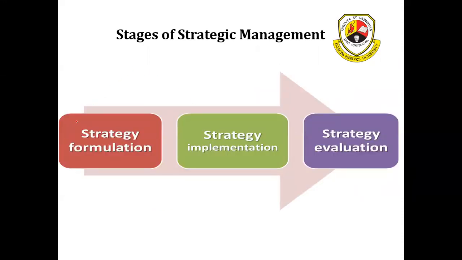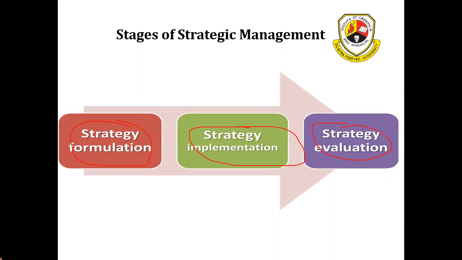So basically, strategic management starts with the formulation, then we have the implementation, and then we have an evaluation. Why do we have an evaluation? Essentially, it's because the strategy is intended to achieve a certain goal, so you must have a point where you evaluate your strategy.